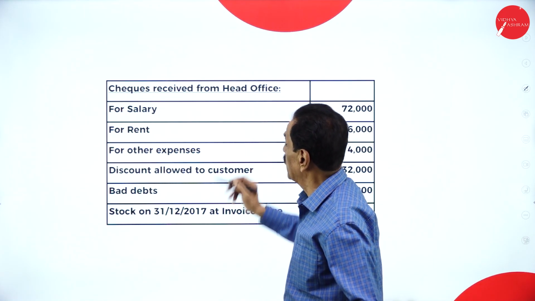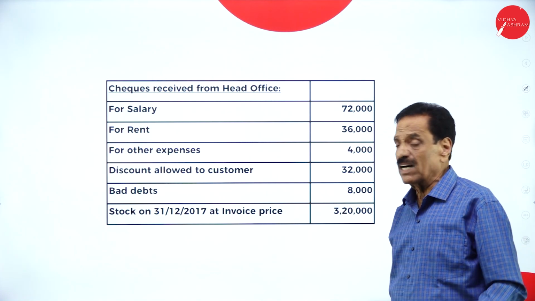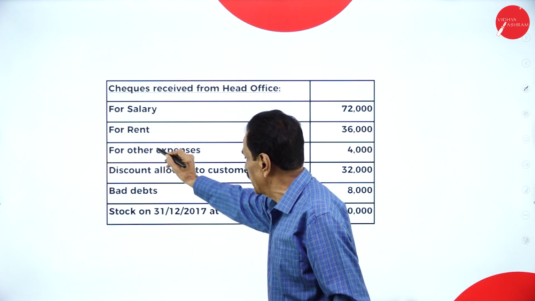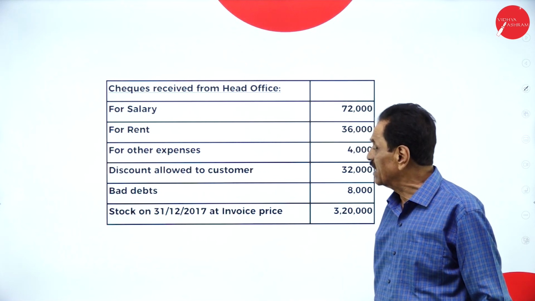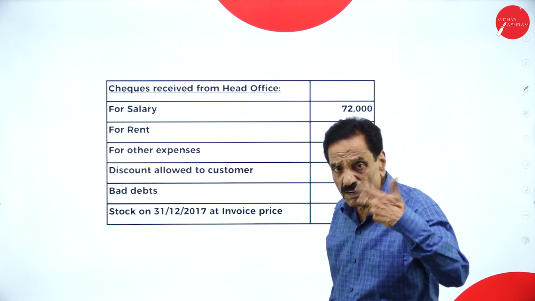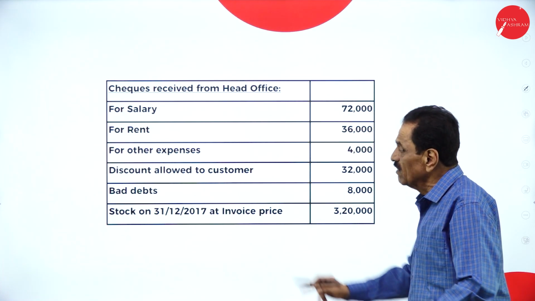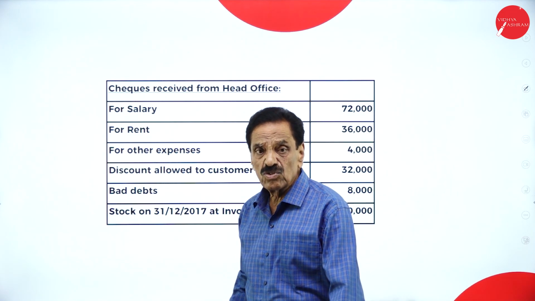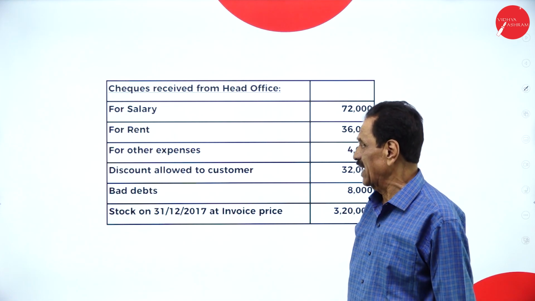Cheque received from head office is the expense of the branch met by the head office, for salary, rent, and other expenses. Discount allowed will affect the debtor account. Bad debt, meaning irrecoverable money, will affect the debtor account. This is the closing stock. If you see the question, there is no closing debtor given; that we have to calculate.